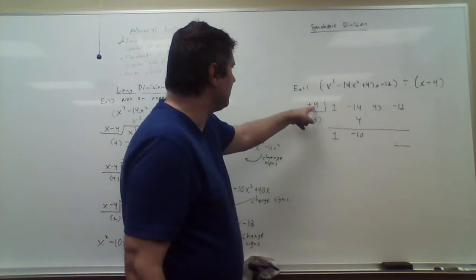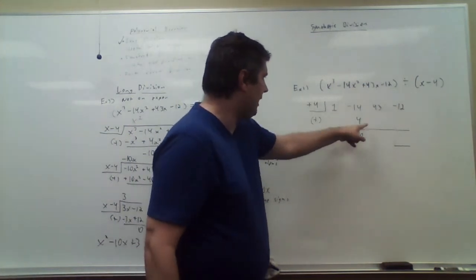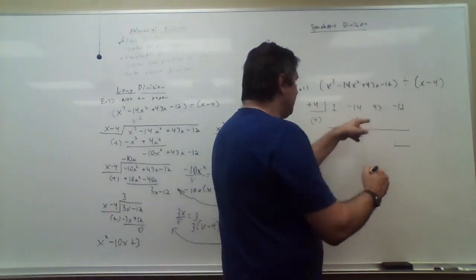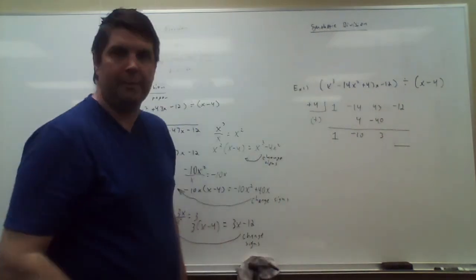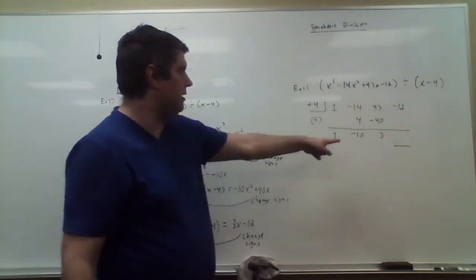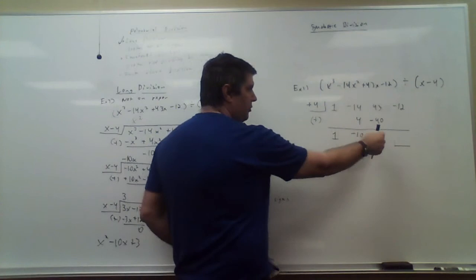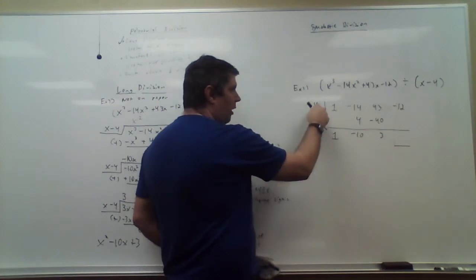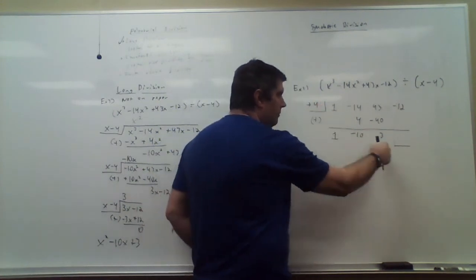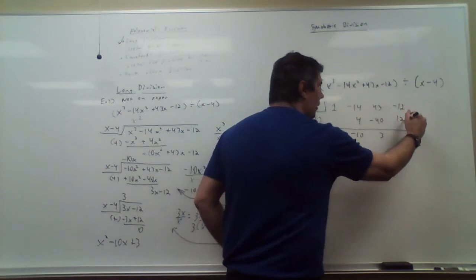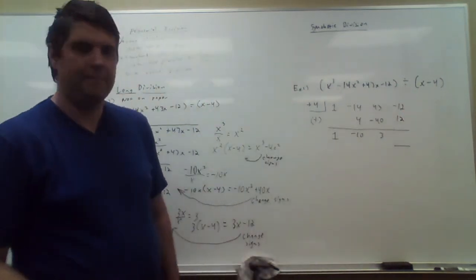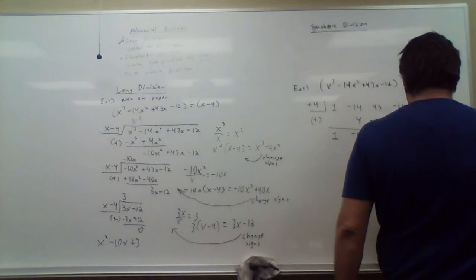Negative 10 times positive 4 is negative 40. Bounce it into here. You'll get 3 when you add. Next you will take the 3 times the 4. That's 12. So 4 times 3 is 12. Boing. 12. When you add those up, you get 0.